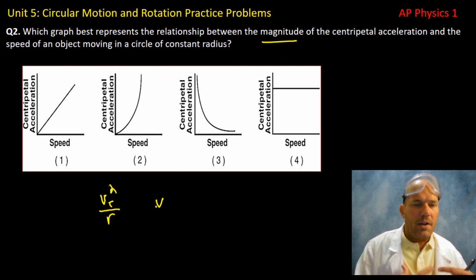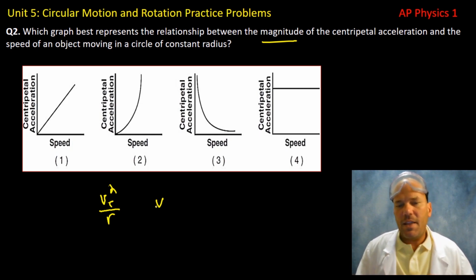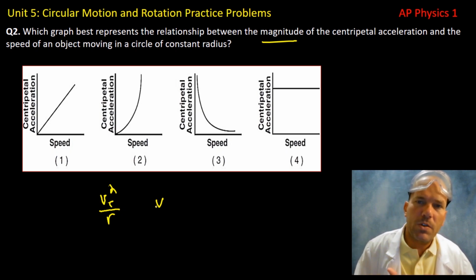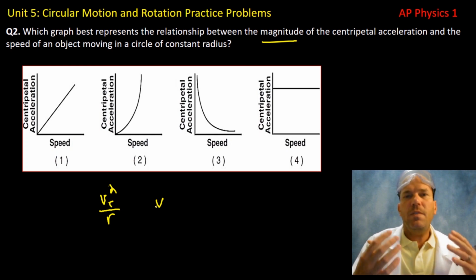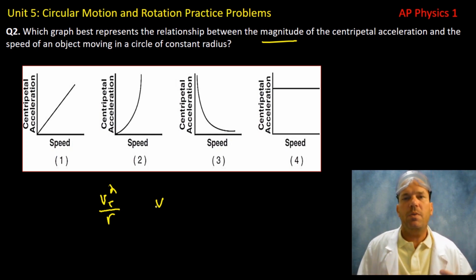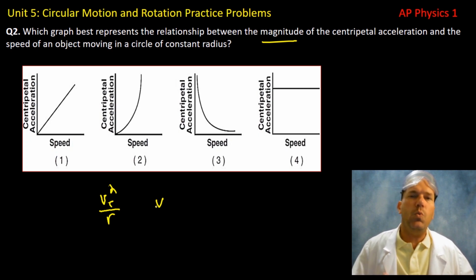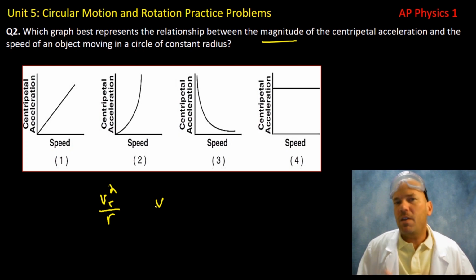You can see that the centripetal acceleration is directly proportional to the tangential velocity squared. So we have a relationship in which one variable is proportional to the square of another one.